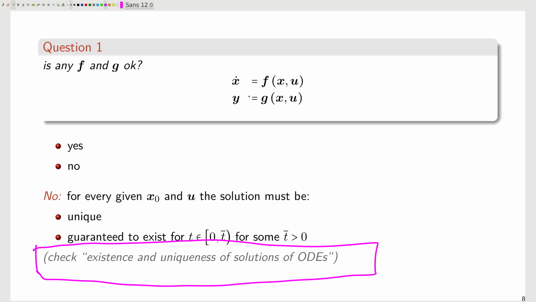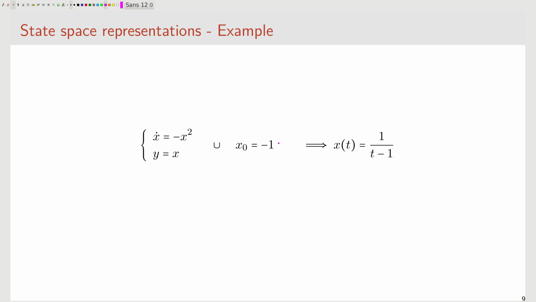A simple sufficient condition that guarantees the existence and uniqueness of the solution for a state space representation is that both f and g are Lipschitz continuous functions. That means that basically the first derivatives are bounded. Let's see an example of a state space representation that is important because it has some characteristics that we will recall quite often.